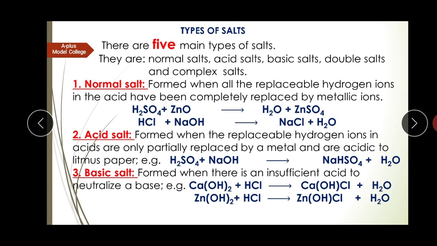When the basicity of an acid is fulfilled, all the replaceable hydrogen ions of an acid have been completely replaced by metallic ion, then what we have is a normal salt.